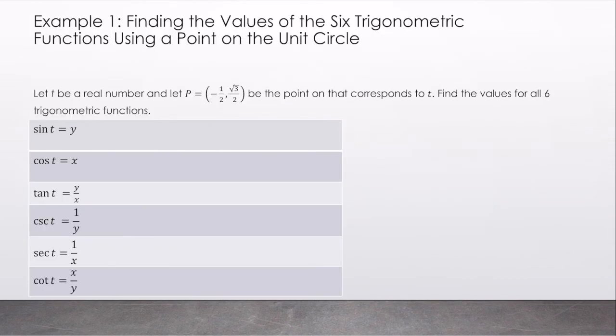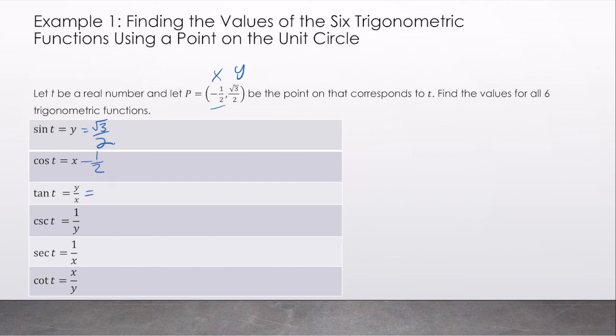So let's let t be a real number and the point on our unit circle associated with t be negative 1/2, square root of 3 over 2. Sine of t is y. So here's my x, here's my y. That means sine of t is going to be the square root of 3 over 2. Cosine of t is x, so cosine of t is negative 1/2.